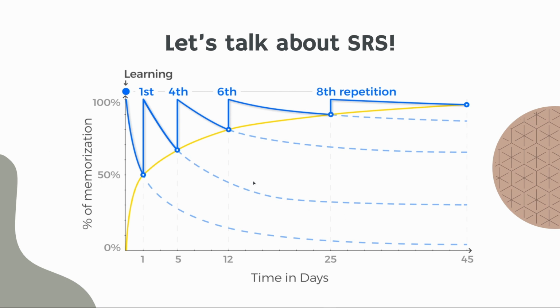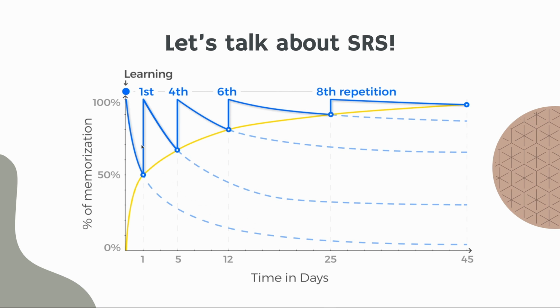As you can see right here, we have something called the retention curve, and it shows how we forget things over time. Right after learning something new, we remember it well. But as time passes, we start to forget. As you can see, the curve drops quickly at first, showing how fast we forget.